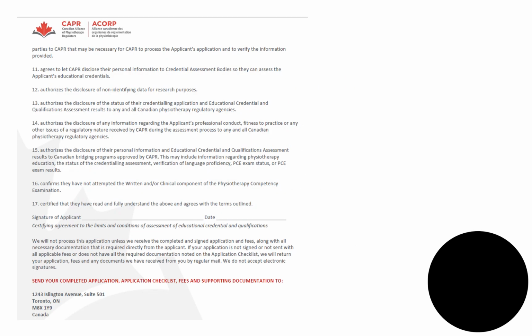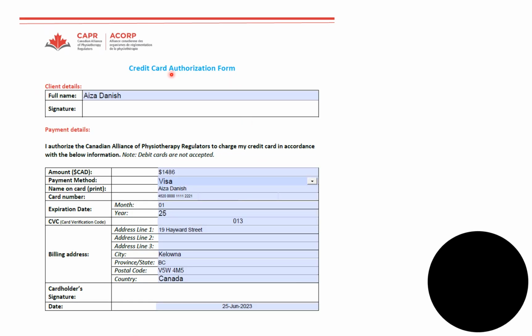For this video, I'm not going through each point. Make sure you sign as the applicant and put the date you signed. Send your completed application, checklist, fees, and supporting documents to this address. Credit card authorization: you will type down the name.